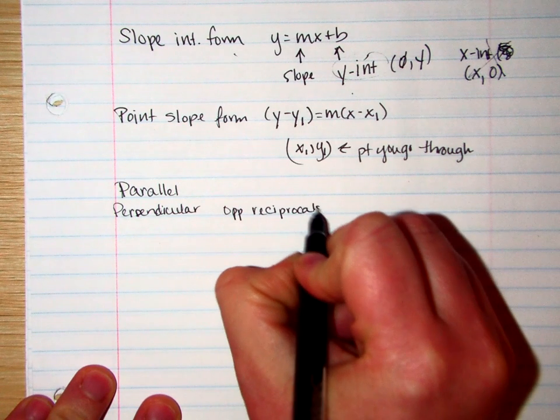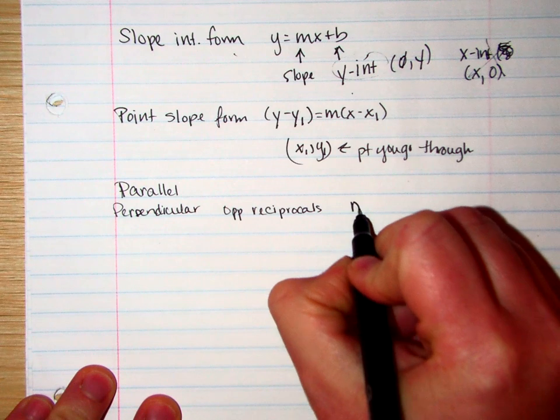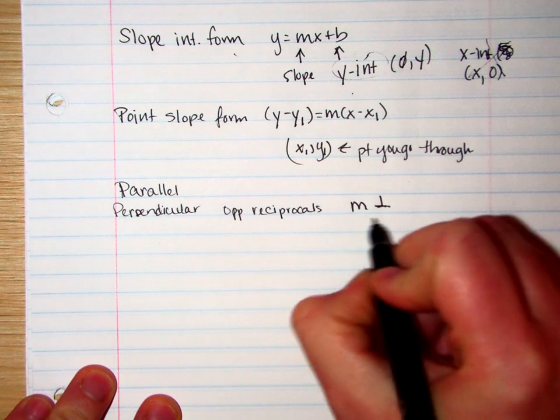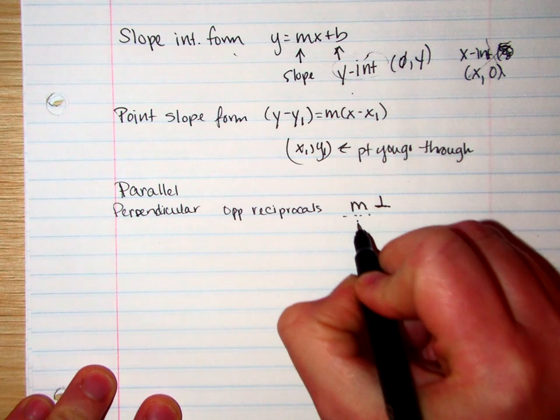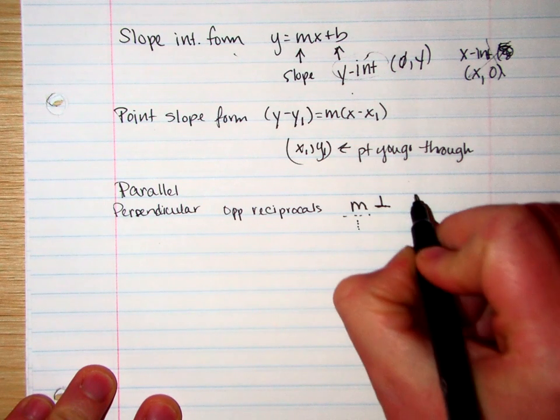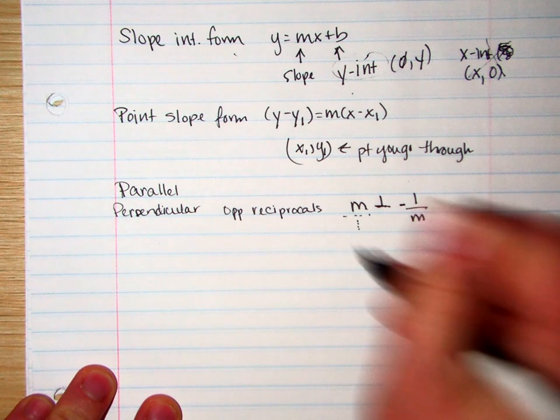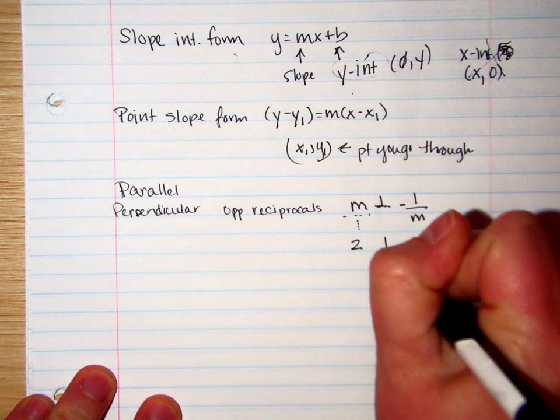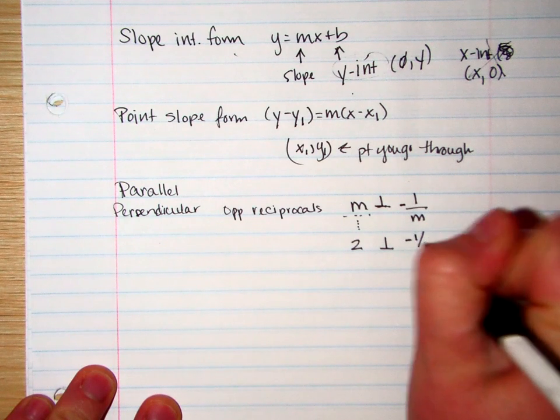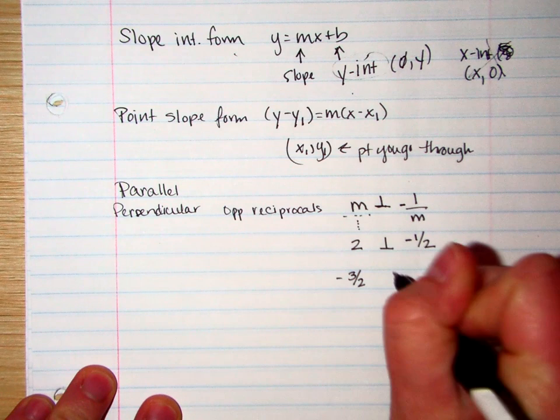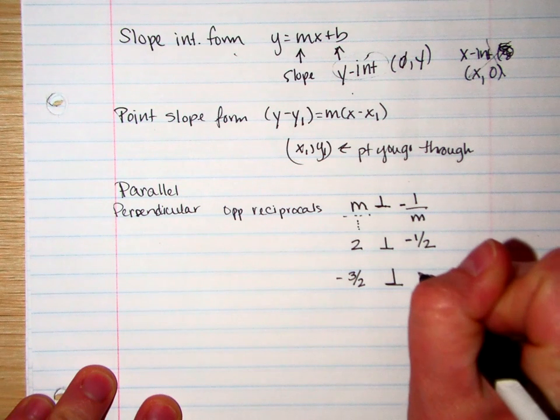Meaning if you have m, the perpendicular slope is the reciprocal. This is over 1. You flip the fraction, you get 1 over m, and it becomes negative. So example, 2 is perpendicular to negative 1/2. Negative 3/2 is perpendicular to 2/3.